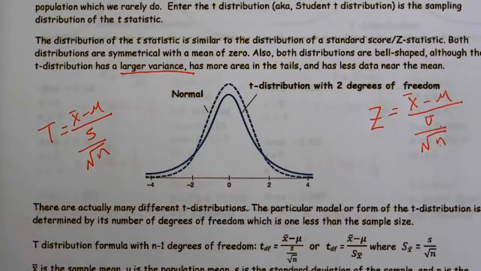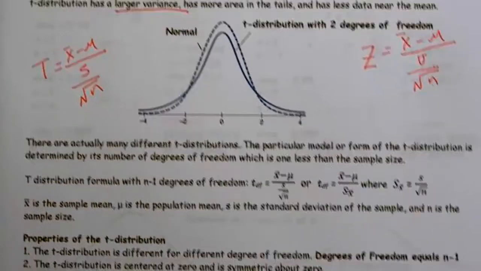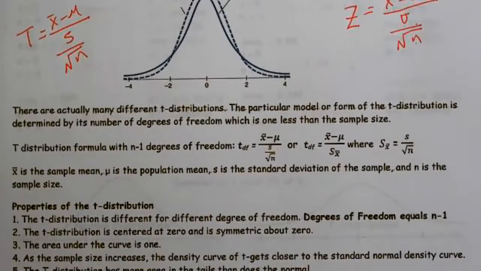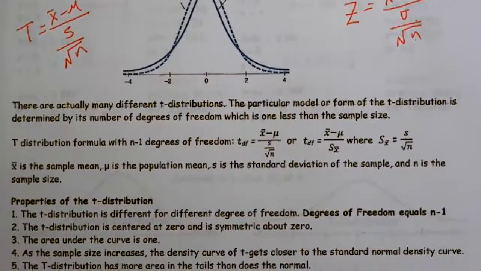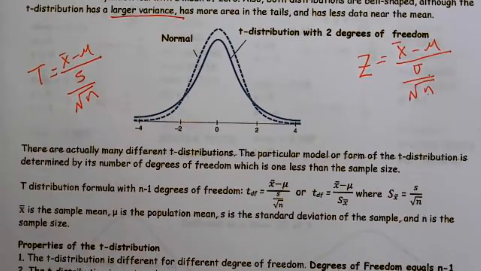Calculation-wise, that doesn't make much difference for us. It would if we were doing the calculus, but not to find the area for the problem itself. But we do need to keep that in mind. As we increase our sample size, we get closer and closer to the normal.